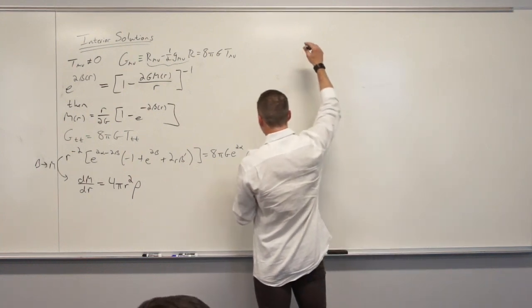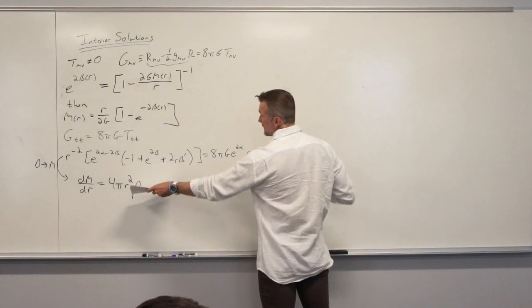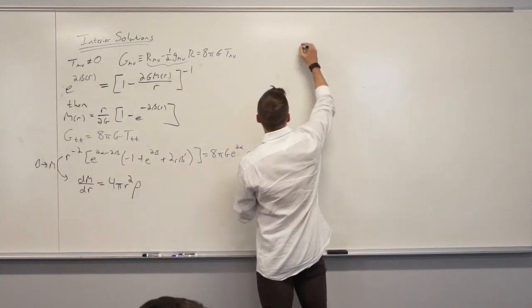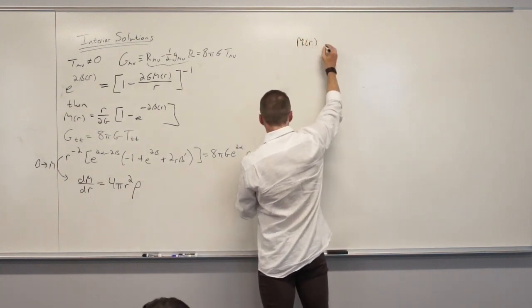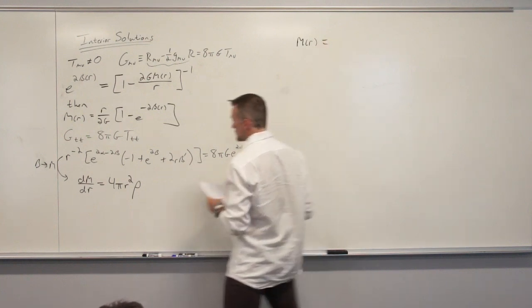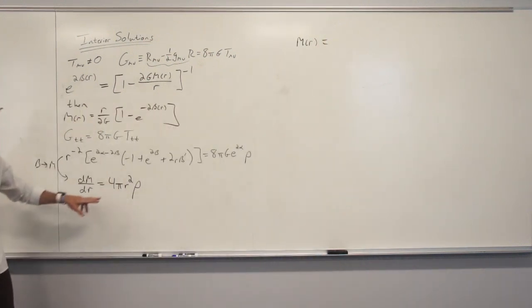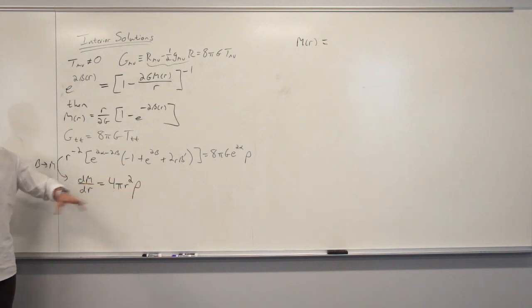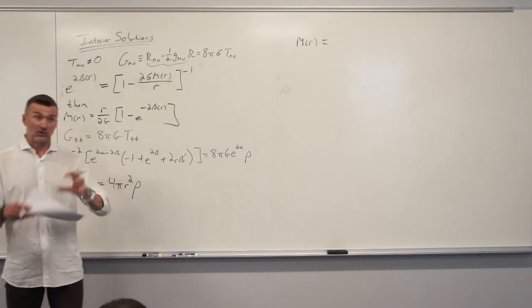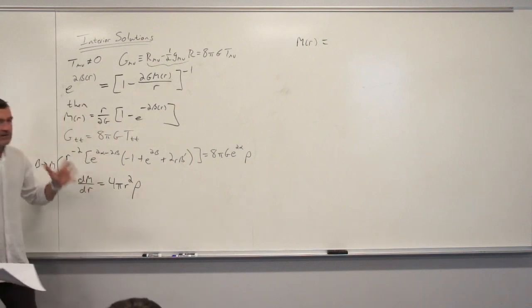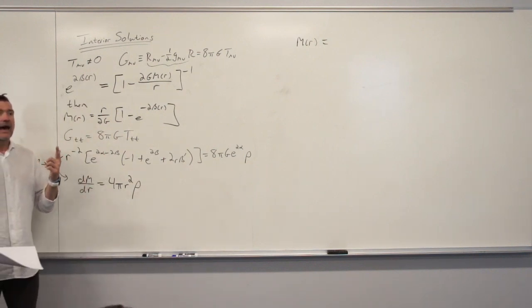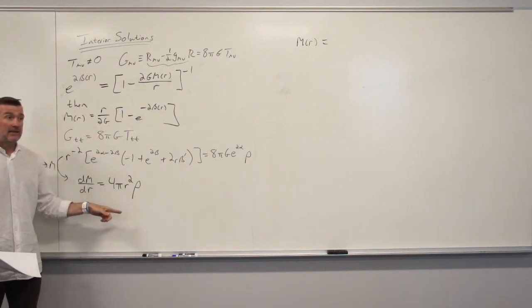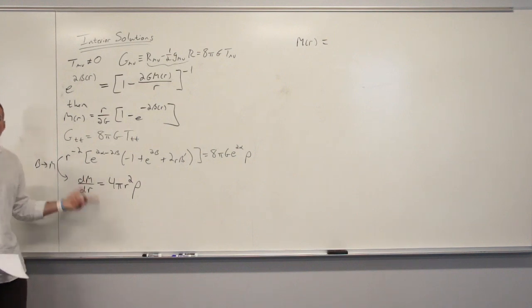All right, so what we can do with this equation is we can integrate it to find m of r. So remember, I haven't told you what rho is yet. This is the mass density, but I haven't explicitly said, here's the way the density changes. So the idea here is that I would give you the mass density, and then you would solve the differential equation.